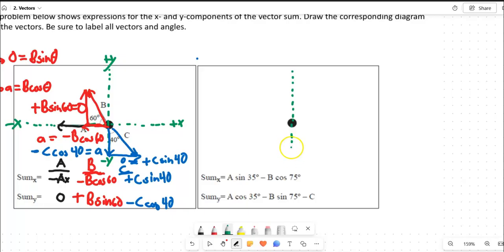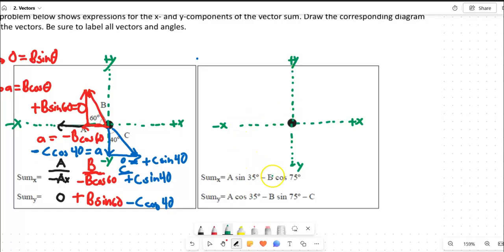I try to use a dotted line, that way a solid vector shows up a little bit better. So positive x is to the right, negative x is to the left, negative y is down, positive y is up.